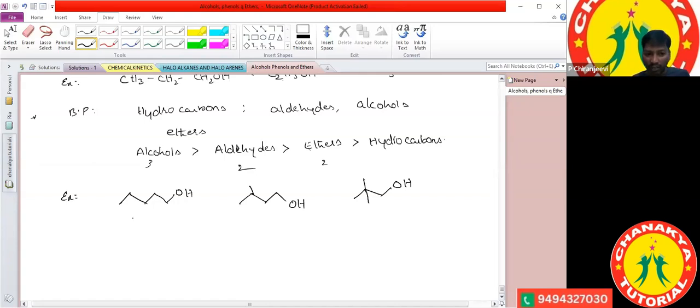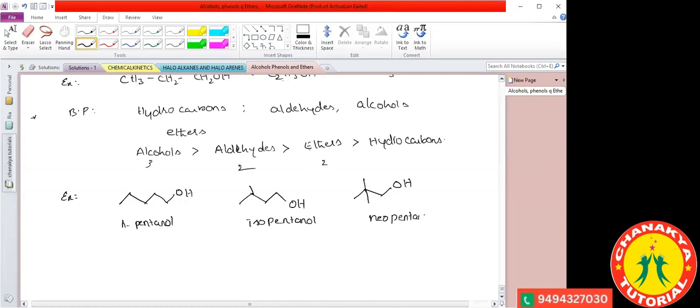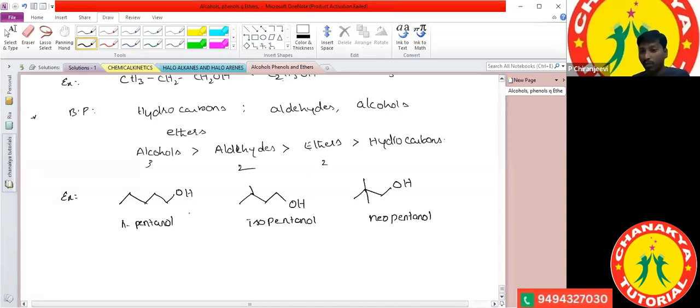The first one is called n-pentanol, this we can call isopentanol, and this we can call neopentanol. The first one has the highest boiling point temperature.